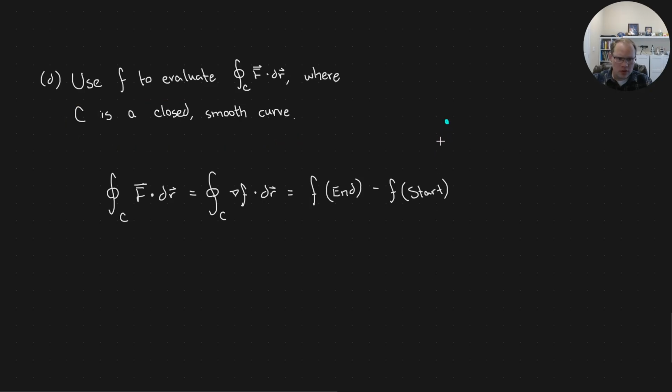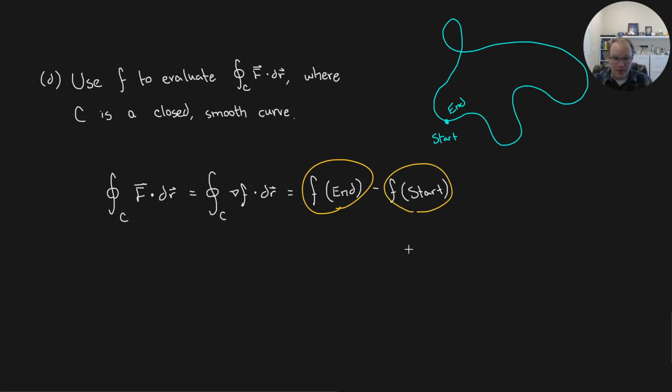Well, if it's closed, then hey, that's our start point right here. And then maybe our curve does something. But then, because it's closed, the endpoint is the exact same point. So f of end and f of start, the function values will be the same because the start and the end point is the same.